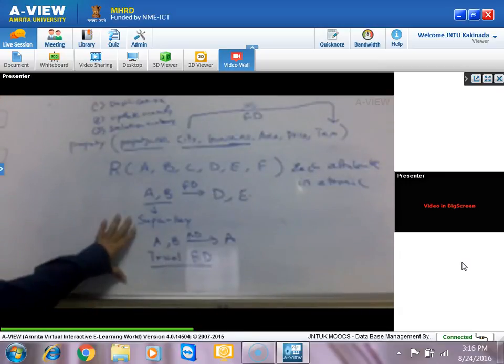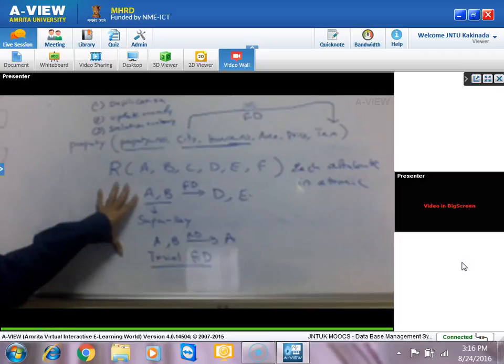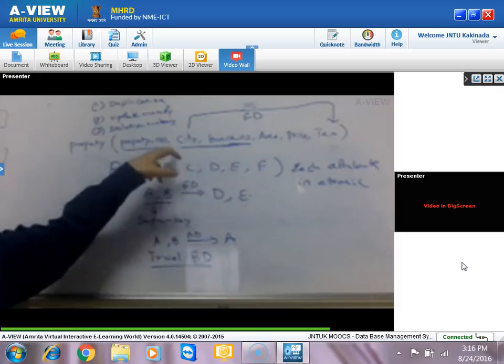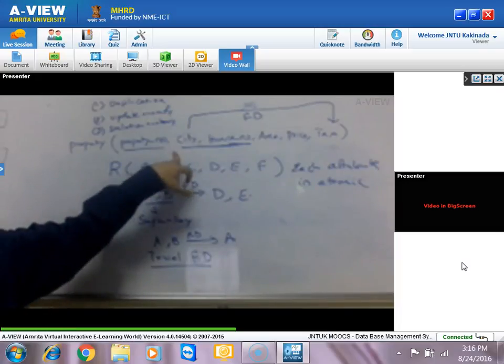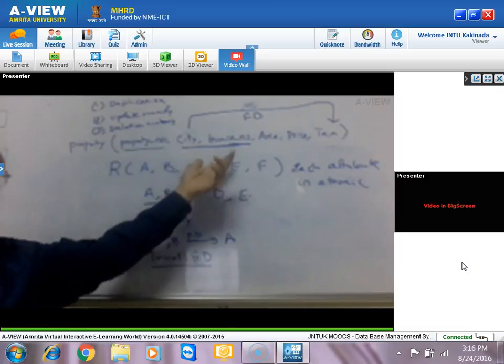So we'll exclude trivial functional dependencies and consider all non-trivial functional dependencies. For example, you can see here, city and house number functionally determine all other attributes. And this is also a key.